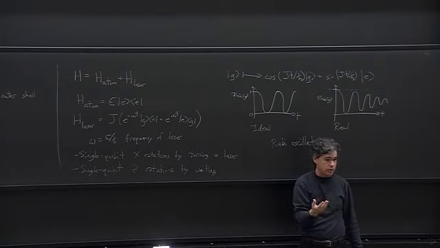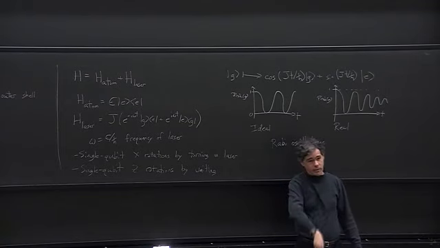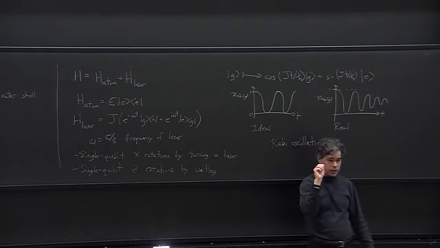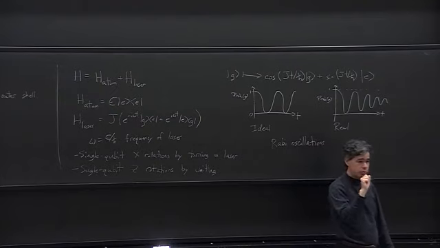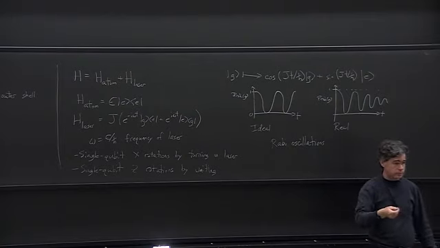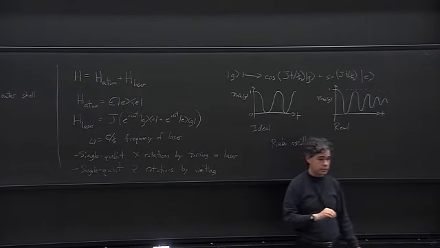That's straightforward. And so we can get rotation by any angle about the x-axis. And by adjusting our phases, we can get rotations by any amount that we like about the z-axis. And if you can do x-axis and z-axis rotations, then using Euler angles, you can get any rotation. So this gives us a universal set of single qubit gates.